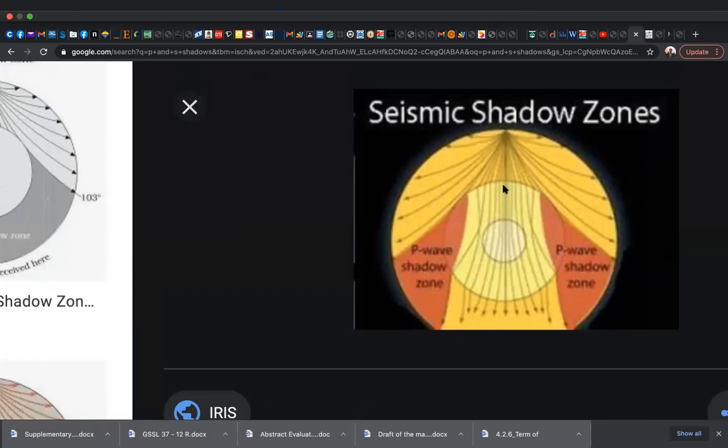Yes, sir. Shadow zones. We call them seismic shadow zones, where, as I said, 105 to 140, right? So this is the place where the wave started. It goes directly to the interior because it can travel through both liquid and solid. The outer core is also liquid, but still it can travel, and you can see this bending.